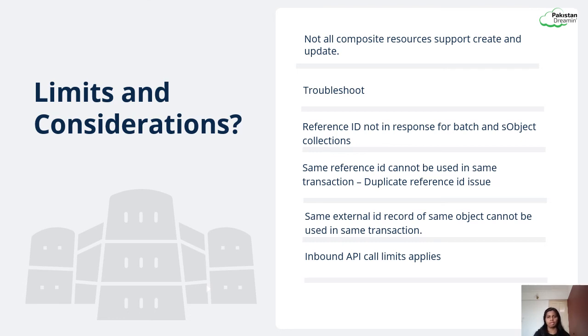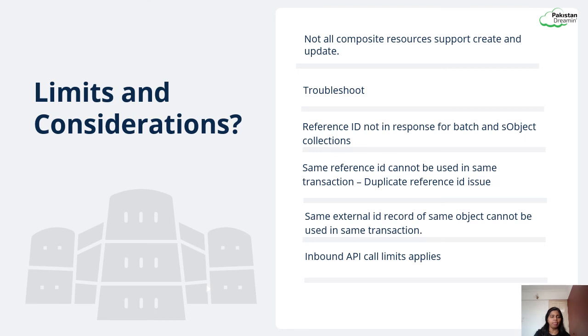Composite resources, the API calls are counted against the inbound API call limits. So this is counted for a 24-hour period, the inbound API call. So composite API calls are counted against that one. Also, there is another limit called concurrent API limit. If there are API requests which are running more than 20 seconds, it is a long running API request.